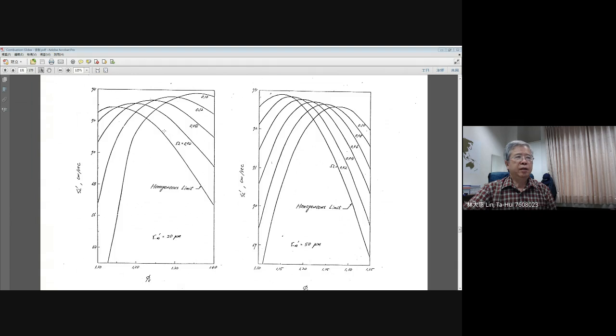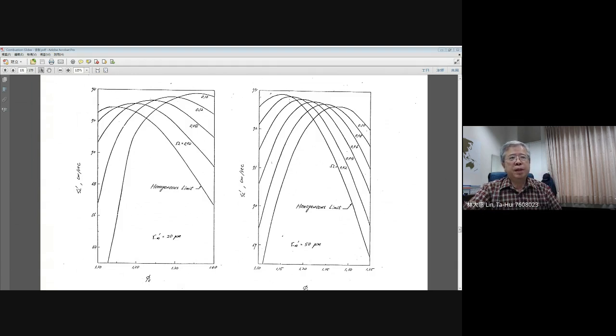Okay, and here you can see, for a given total stoichiometry ratio, as the liquid loading increases, the flame speed increases too. But for the rich spray, the flame speed curve shifts to the rich side, very similar to the shifting of the flame speed curve shown on the left-hand side.